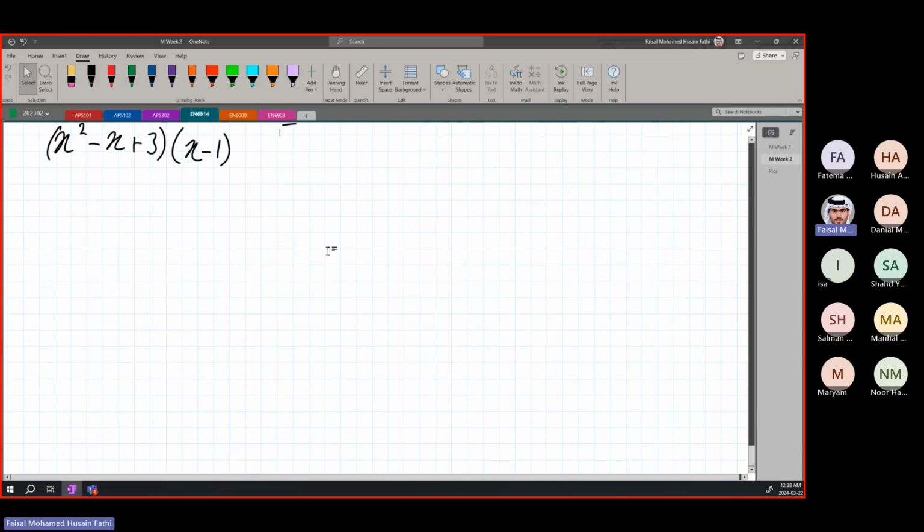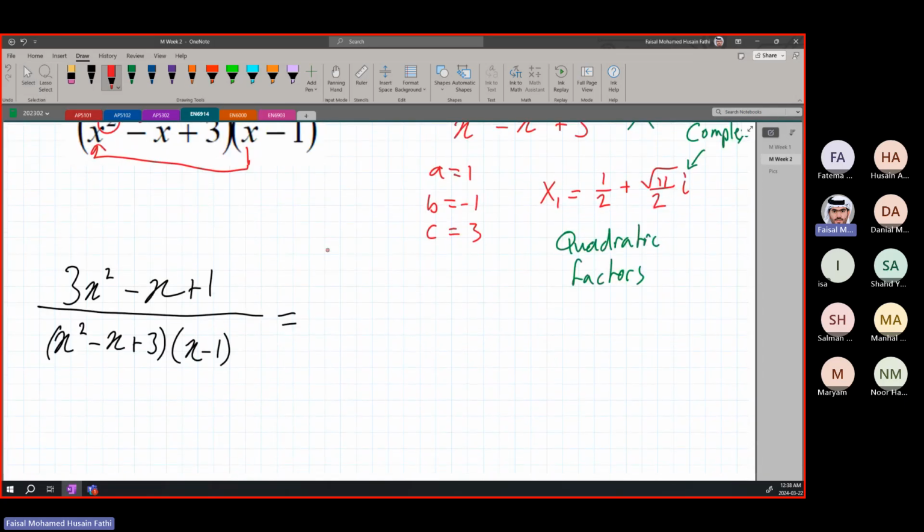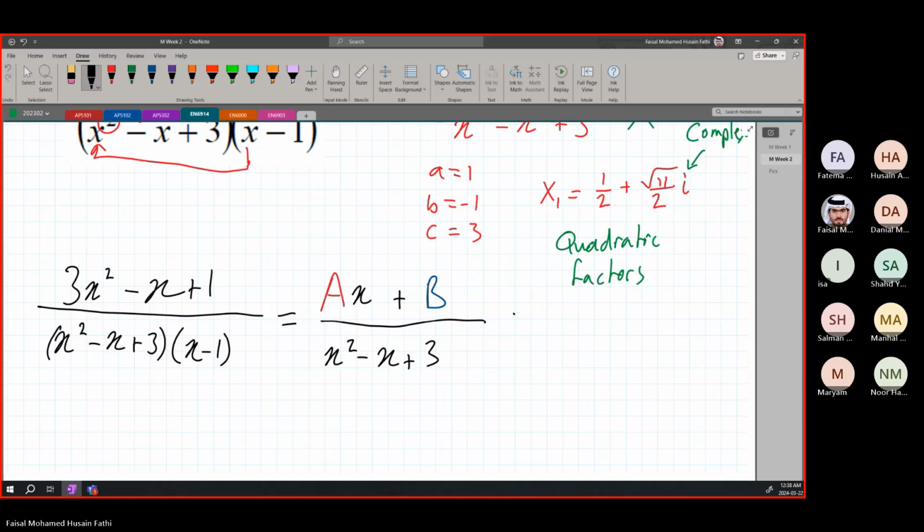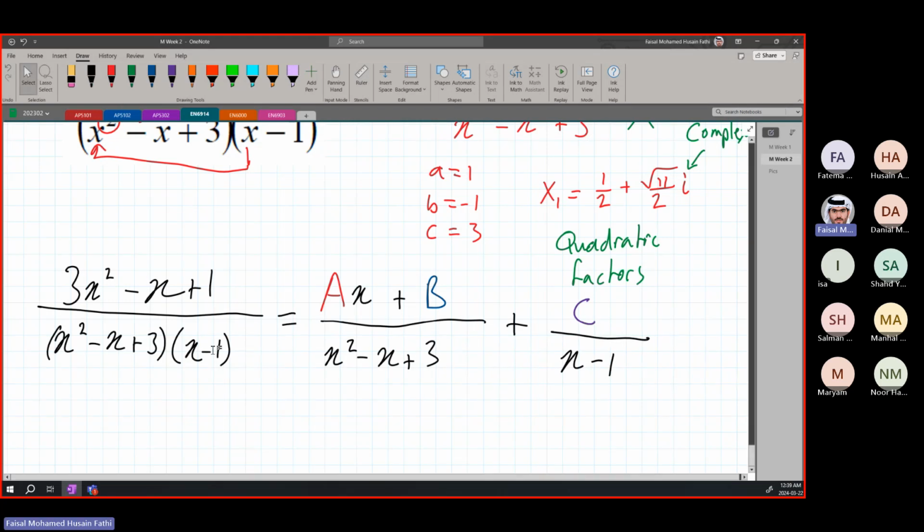So how will this look like? It will look like this. So a x plus b over the quadratic part, which is x squared minus x plus 3, plus c over x minus 1. And this is just a normal linear factor, okay?